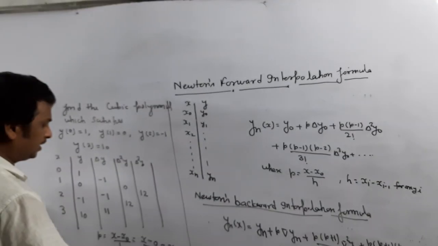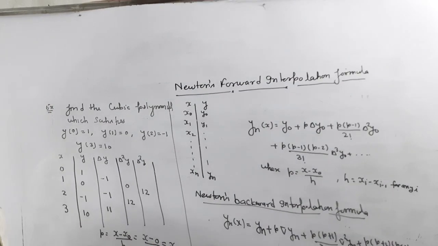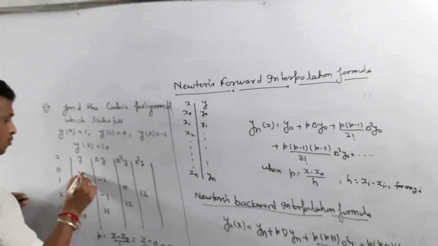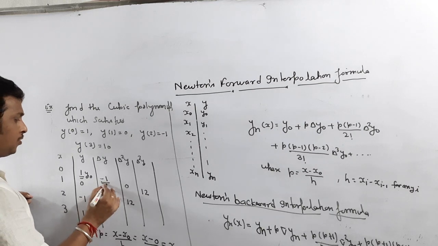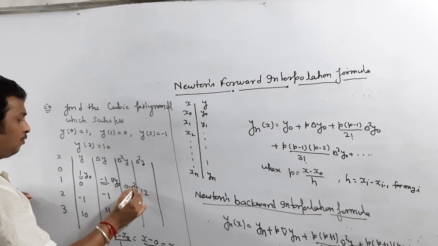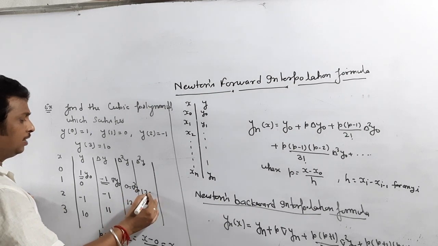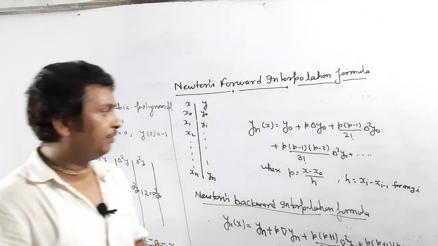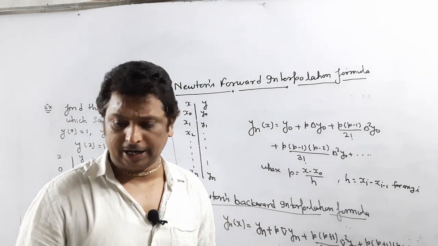So the p value is x. In place of p we have to put x. This is your y0. This is your del y0. This is your del square y0. And the last one is your del cube y0. Just put these values in the given formula and you will calculate the value of y of x.